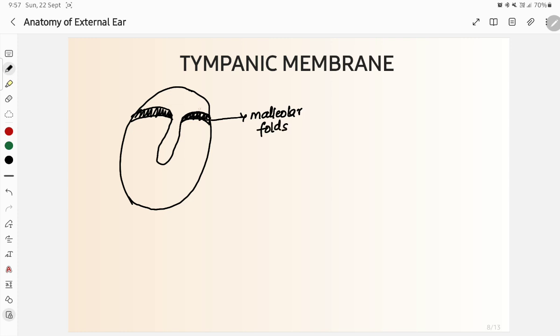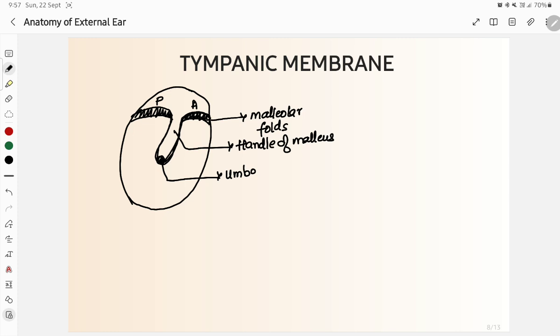The one which is shorter is the anterior malleolar fold and the longer one is the posterior malleolar fold. This elevation that you see is called the handle of malleus. This elevation is formed due to the attachment of malleus. The tip of the handle of malleus is called the umbo.